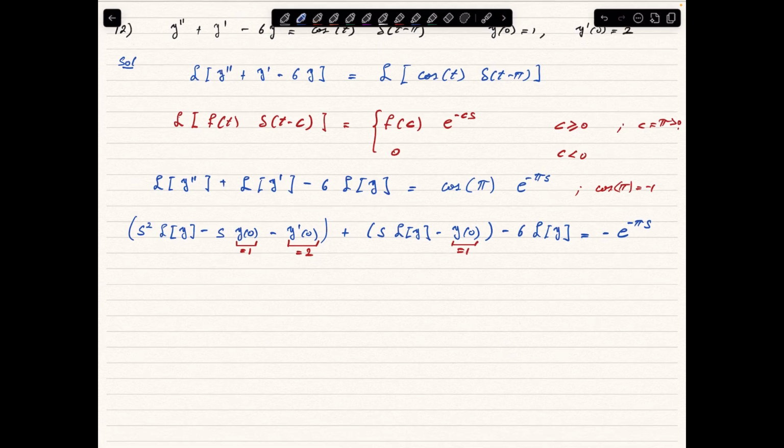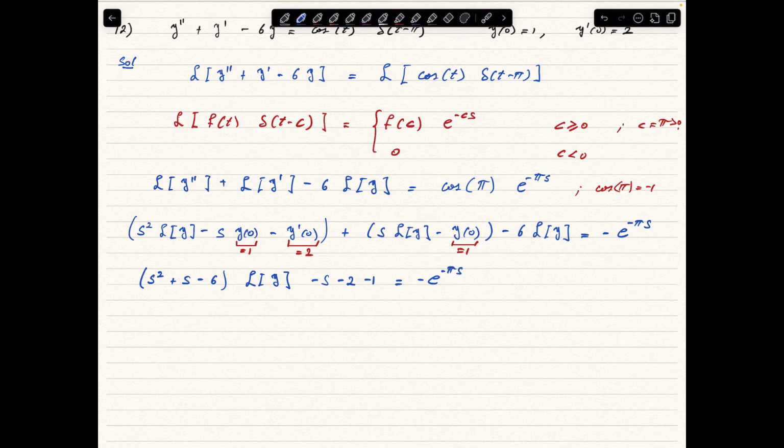So we can pull common factor the Laplace transform of y, and then we're going to have the characteristic polynomial s squared plus s minus 6, all multiplying the Laplace transform of y. Then we have minus s minus 2. These are these two quantities here, and then we have minus 1. And all that has to be equal minus exponential of negative pi s.